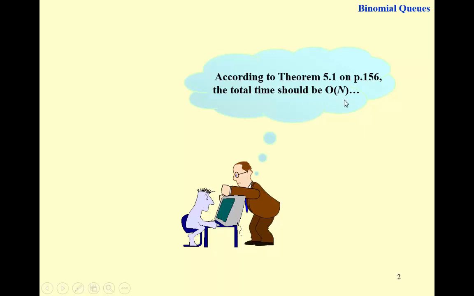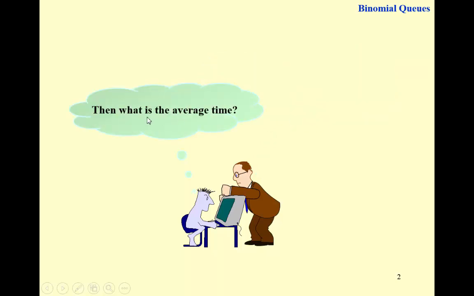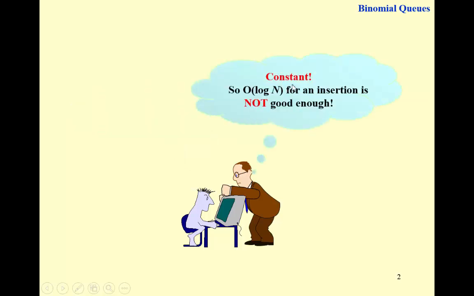So basically it's big O of n. Then what is the average time? It's supposed to be a constant, right? We're making n insertions in big O of n time, and therefore, averagely speaking, it should be a constant. Therefore, a log n solution is not good enough.